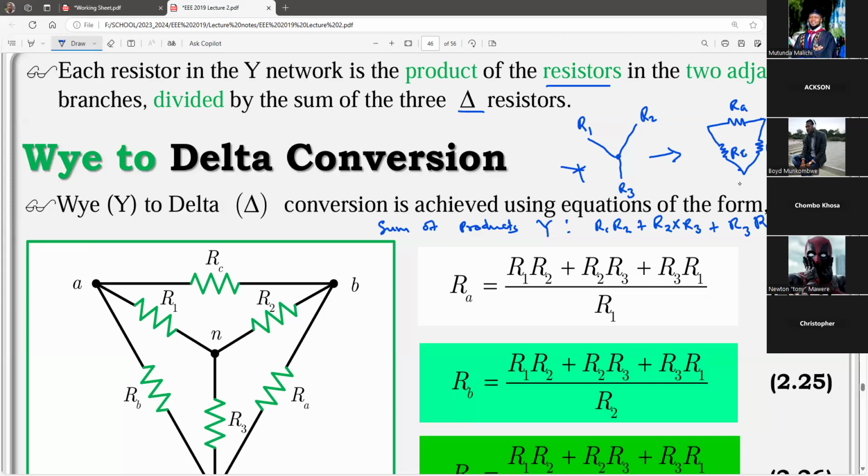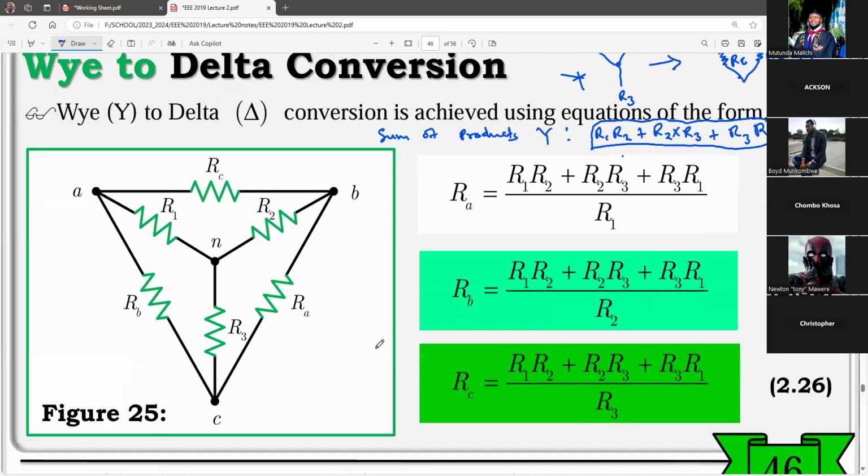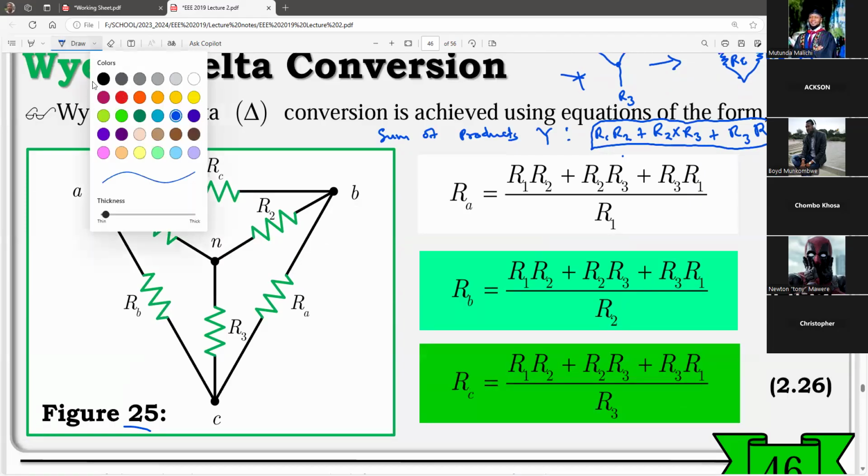Once you have this sum of products, then you'd have obtained your numerator. Okay? Therefore, if you have the numerator, what is the denominator? Okay? So, if you look at this circuit of figure 25, what we have here is this.